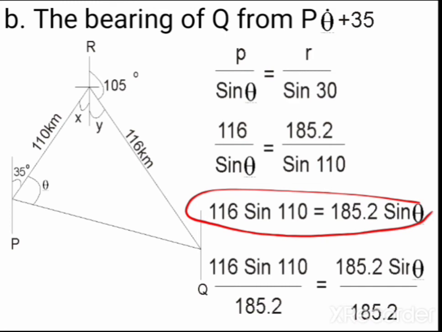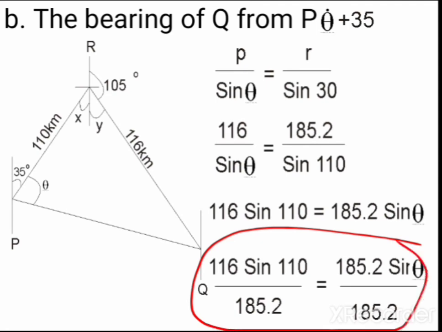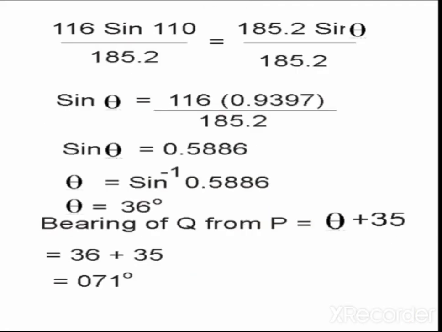Then what we are looking for is theta, not 185.2 sin theta. So we divide both sides by the coefficient of sin theta, which is 185.2. So when we divide both sides, this is what we have. 116 sin 110 over 185.2.